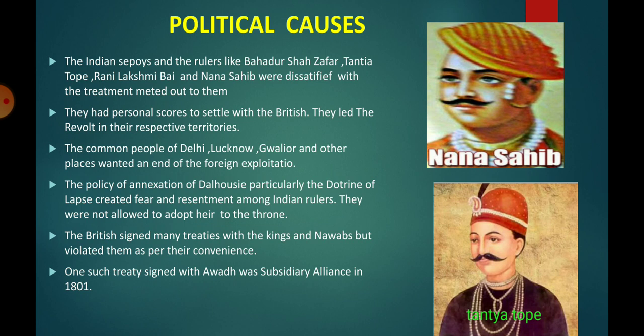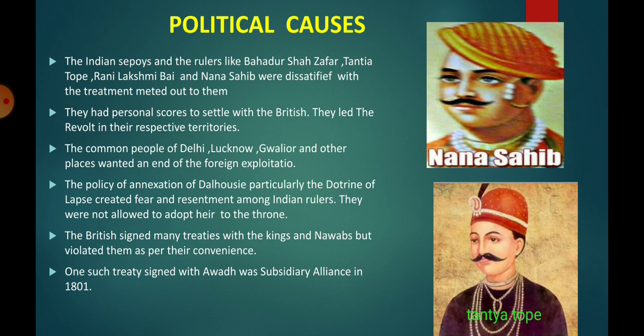One such treaty that was signed with Awadh was the subsidiary alliance in 1801. Nawab Wajid Ali Shah was compelled to accept a permanent British army within the territory and to pay a subsidy for its maintenance.